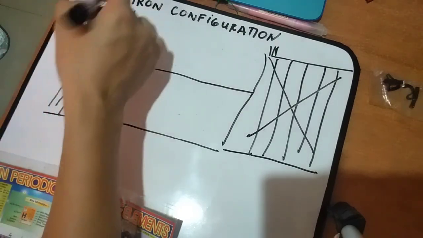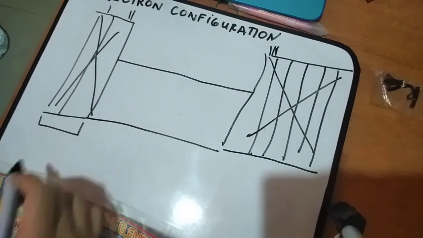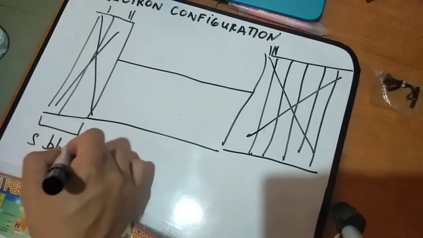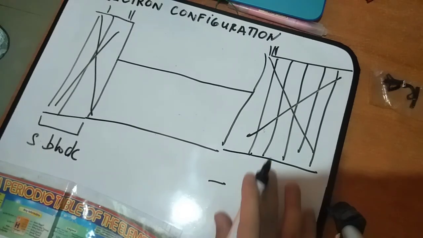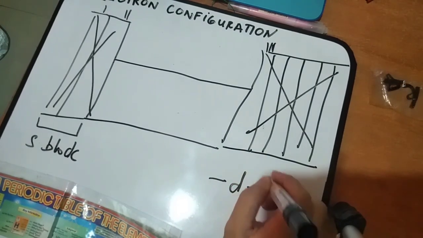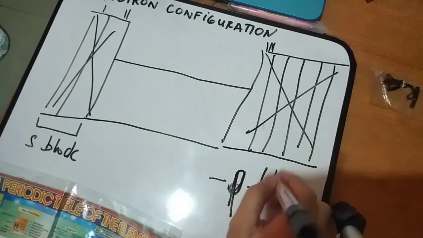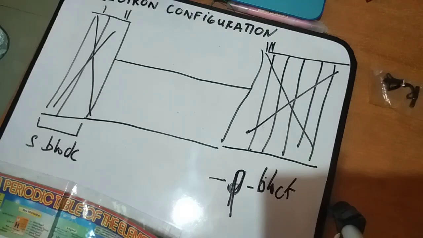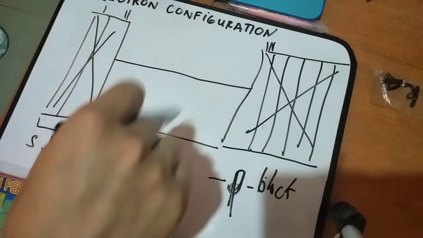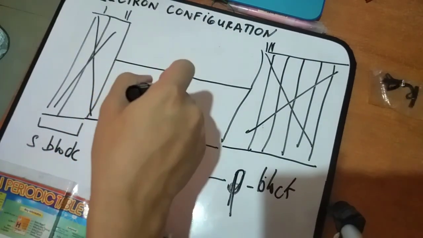So, ang focus natin ngayon, etong block na ito at etong block na ito. Okay? This is what you call the S block. Sorry, P block. Ayan yung focus natin ngayon. On the next video that I'll be doing, we will do the D block.